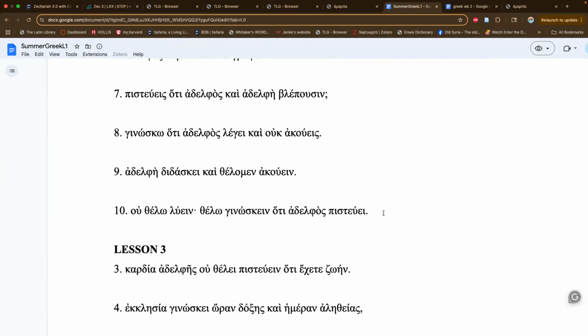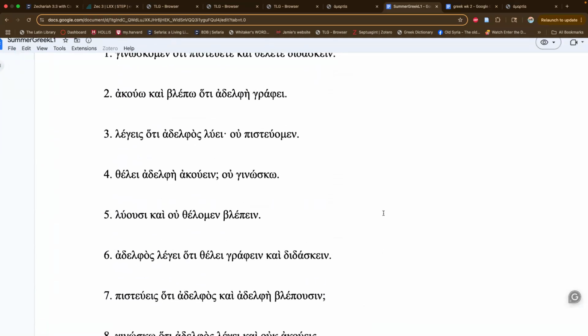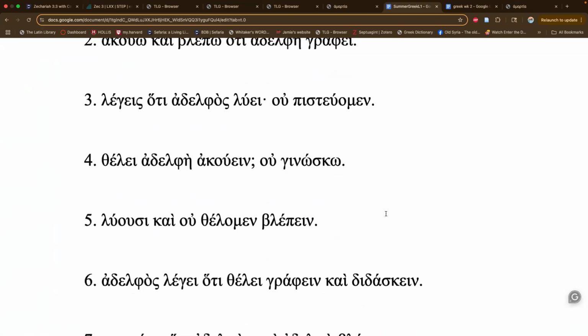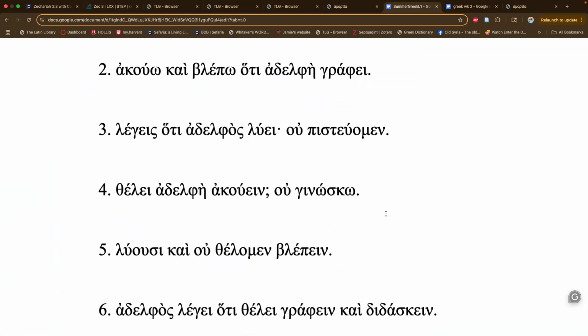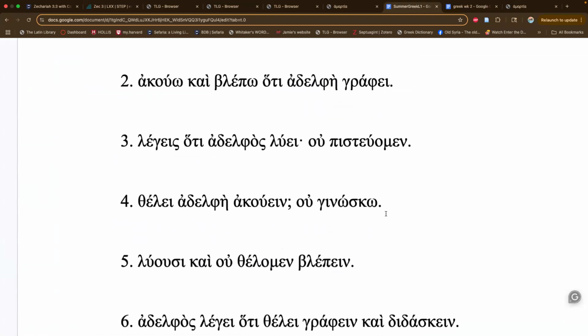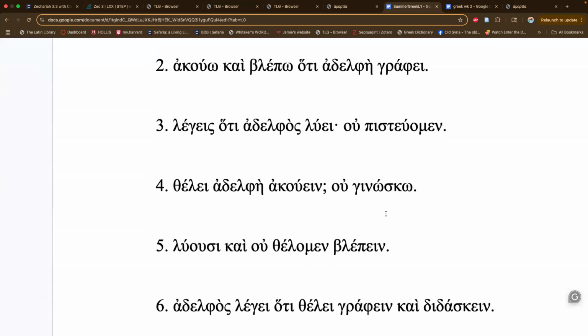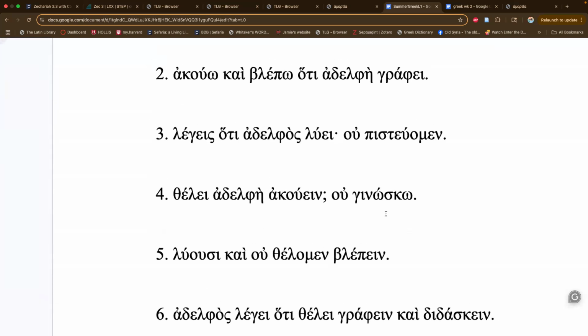And that's okay. This is something that we'll look at more. So thele is third person singular, present tense, because it's the only tense we've learned. So thelo, theleis, thelei, we have thele, and then a noun in the nominative, which we'll learn next time.